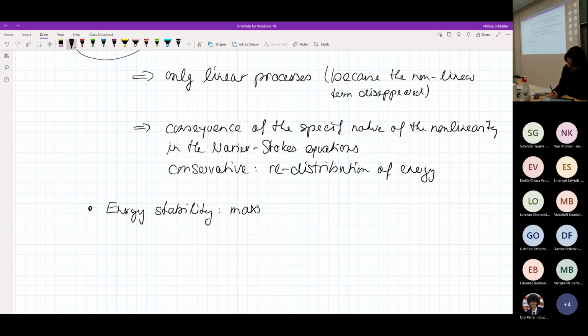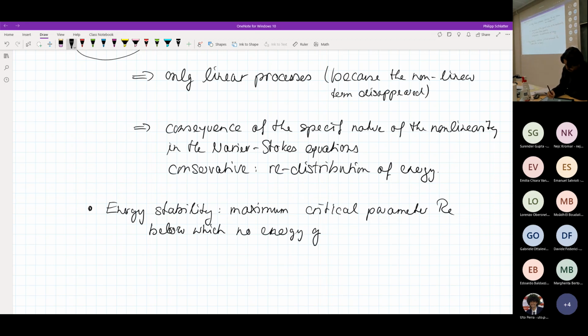And that is the maximum critical parameter, in this case, again, the Reynolds number, below which no growth or no energy growth of finite amplitude is possible.